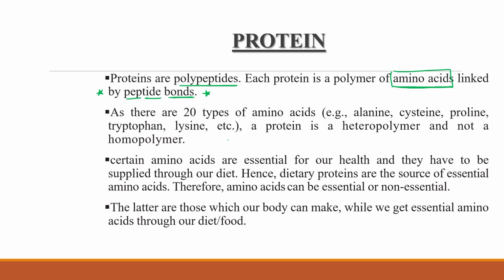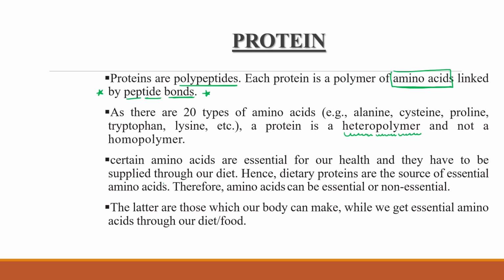A protein is a heteropolymer and not a homopolymer, meaning in a protein there is a combination of various amino acids. Alanine is there, cysteine is there, proline is there. That's why it is written over here that protein is a heteropolymer. It is not a homopolymer.